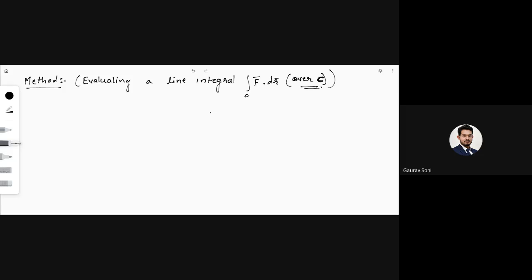And how do we do that? First, I will let f bar equal f1 of x, y, z into i bar plus f2 of x, y, z into j bar plus f3 of x, y, z into k bar, the given vector function.